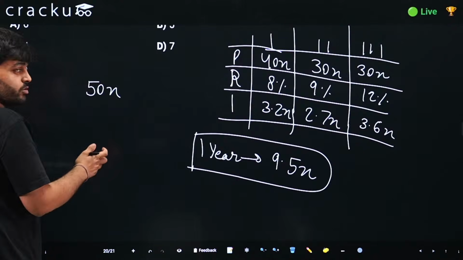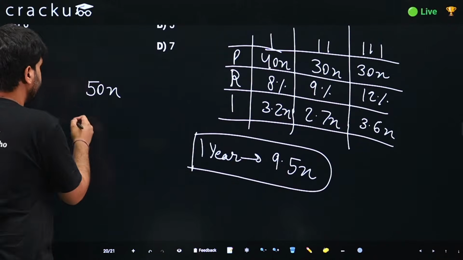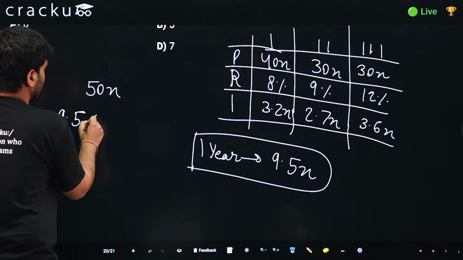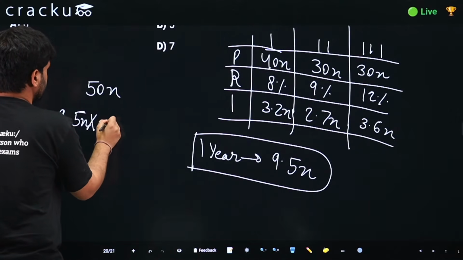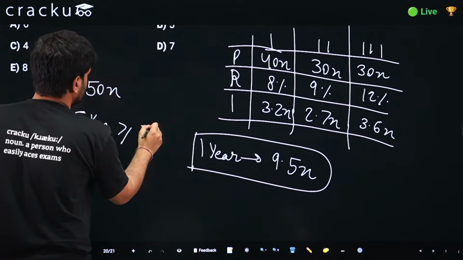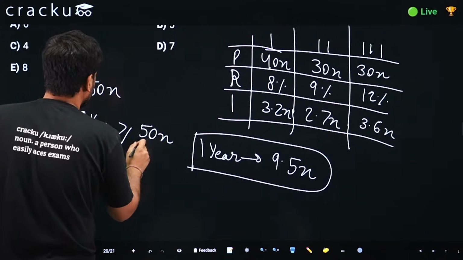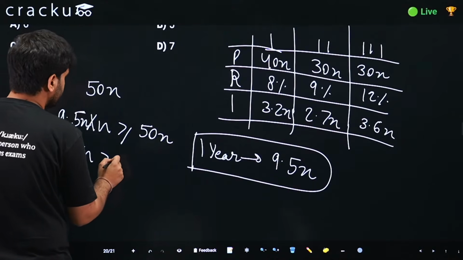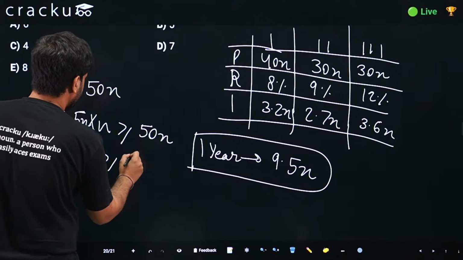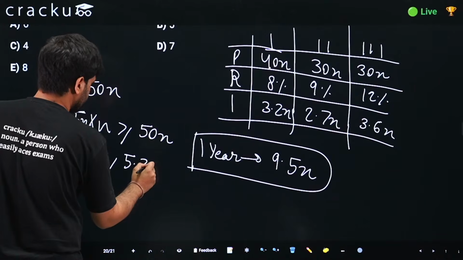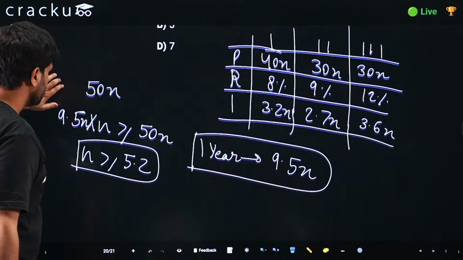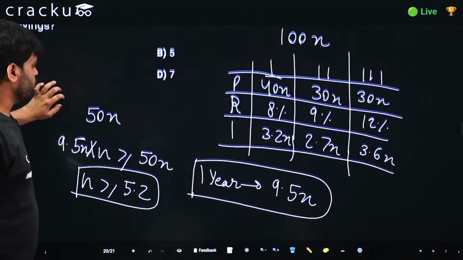Since we know simple interest is constant for every year, so 9.5x, let us assume the number of years to be n. This has to be greater than or equal to 50x. So n comes out as 5.2, somewhere around this. Now we have to find the minimum value of n.